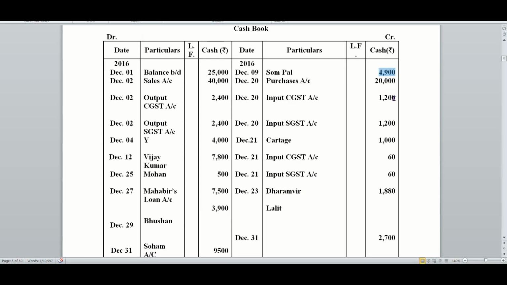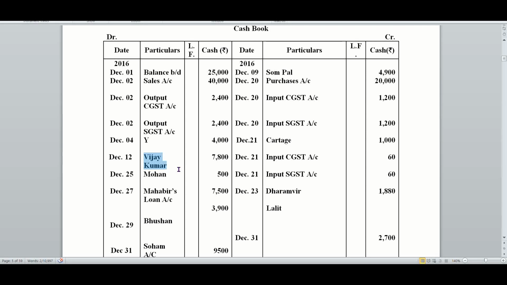So when money is coming, cash is debited. The journal entry, friends, you can write: cash account debit 7,800, discount allowed account debit 200, to Bijoy Kumar 8,000.